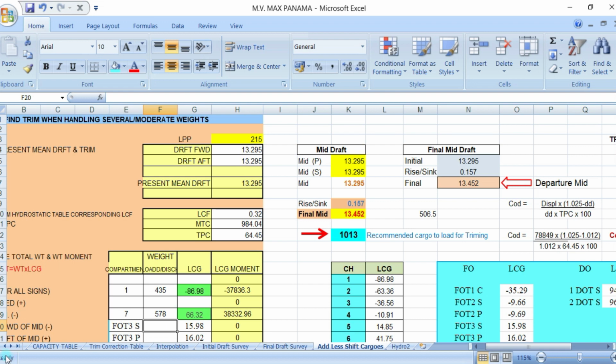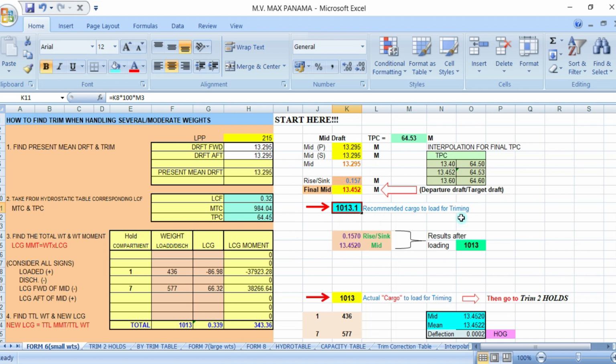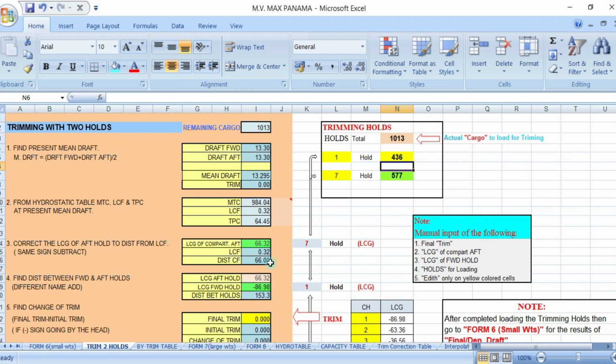Okay, now we try to use the other one. Still the same. Your recommended wrap is 10.12, so you put here 10.13, and your mid departure draft will be 13.452, which is the same, and your sinkage is 157, which is the same. So we go to trimming holes.